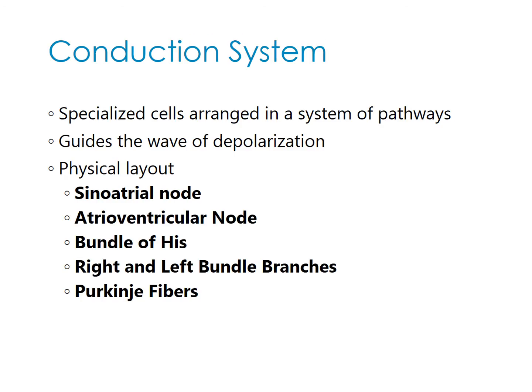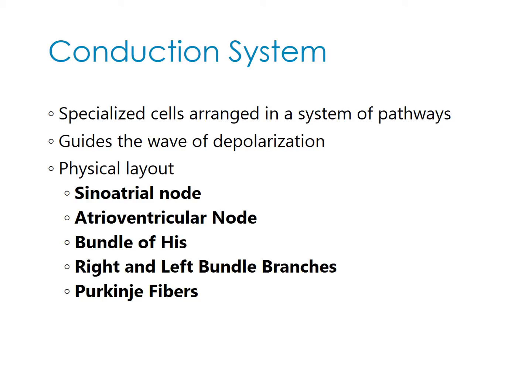The conduction system is made up of specialized electrical cells in the heart, and they are arranged in a system of pathways called the conduction system. These specialized electrical cells and structures guide the wave of the myocardial depolarization. Remember, myocardial is your heart.